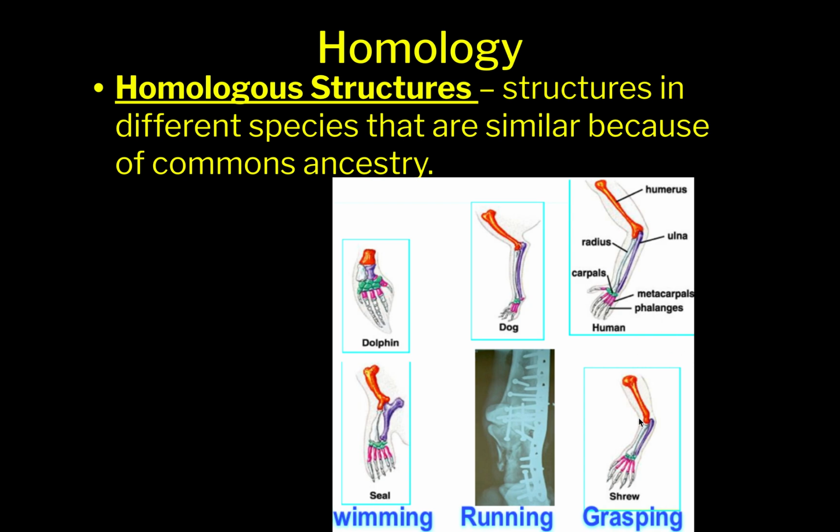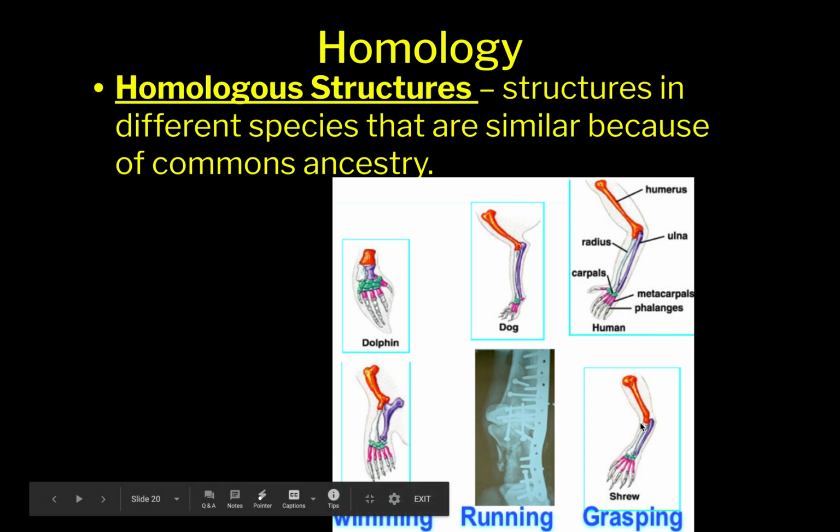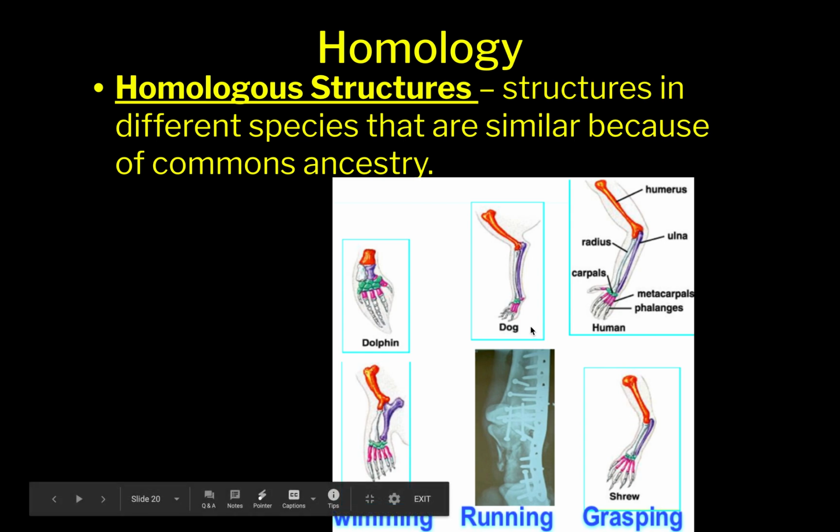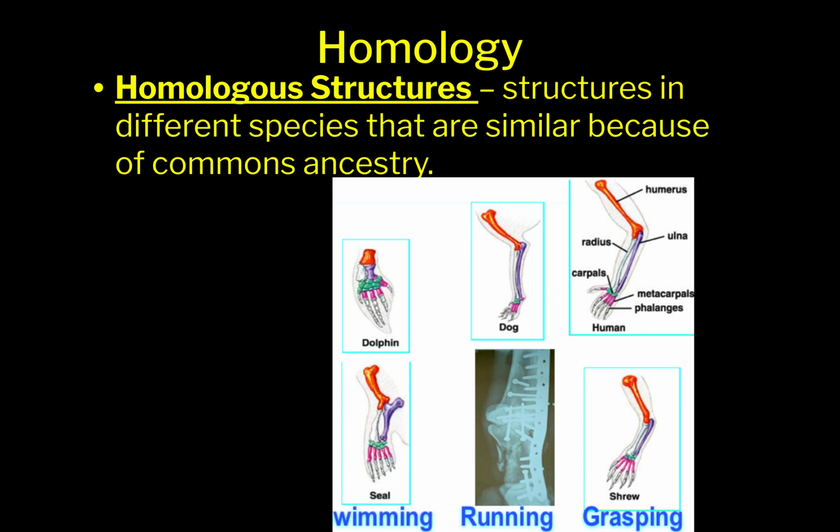Humans and shrews are using their arms for grasping things, whereas a dog is using its forelimb for walking, very different function. And dolphins and seals literally do have the exact same bones in their fins, in their forearms, but they're using it for swimming. So what this does is it shows us that these animals have a common ancestor, really important when we're setting up cladograms.